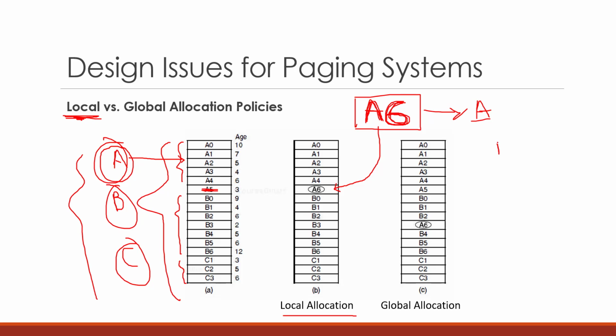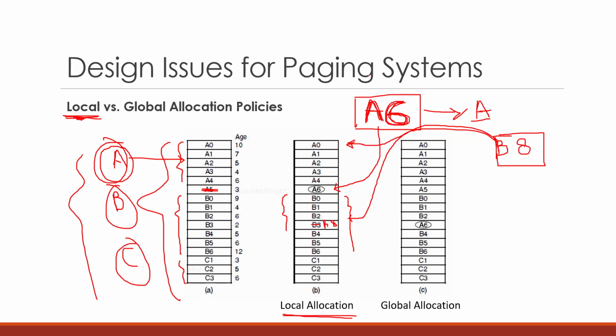Similarly, if page B8 comes in, this page B8 can only go at the place of pages that belong to process B, right? So it might go here. We cannot place B8 at the place of process A pages or process C pages. They have to go to the same process where these pages belong. All right, so this is called local allocation.